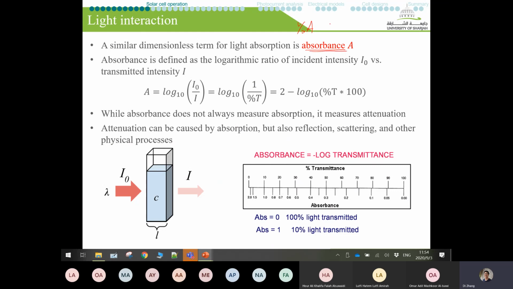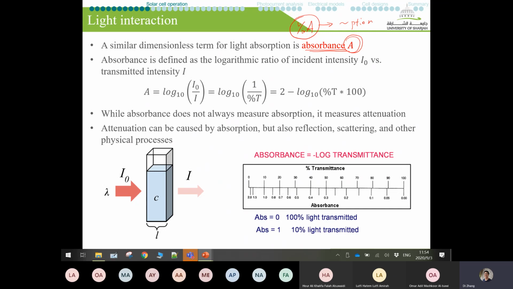Percentage absorption comes from the word absorption, but this is absorbance. For absorbance, we typically use just the capital letter A instead of the percentage. You need this information because in the literature and sometimes in simulations, they use absorbance instead of absorption.